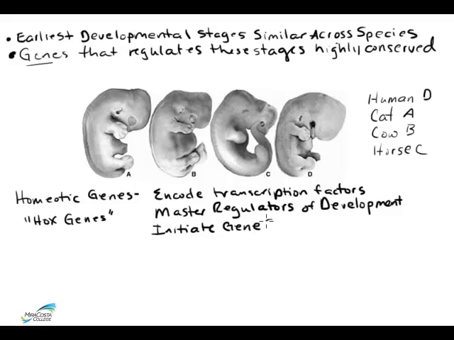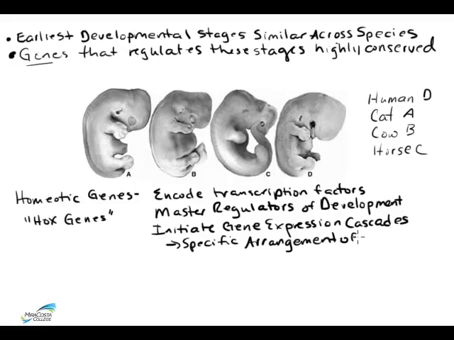So they turn on whole sets of genes and initiate gene expression cascades that lead to downstream events that cause the specification of how the body is actually arranged, meaning head to tail, front to back, side to side, as well as the specific development of particular body structures and organs.